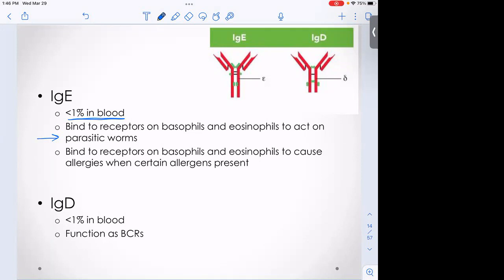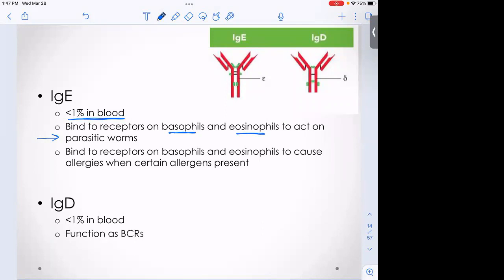So we get more IgE binding to basophils and eosinophils. Remember, those were the kinds of granulocytes that act on eukaryotic pathogens. They have receptors for IgE, and the IgE will cause them to degranulate.